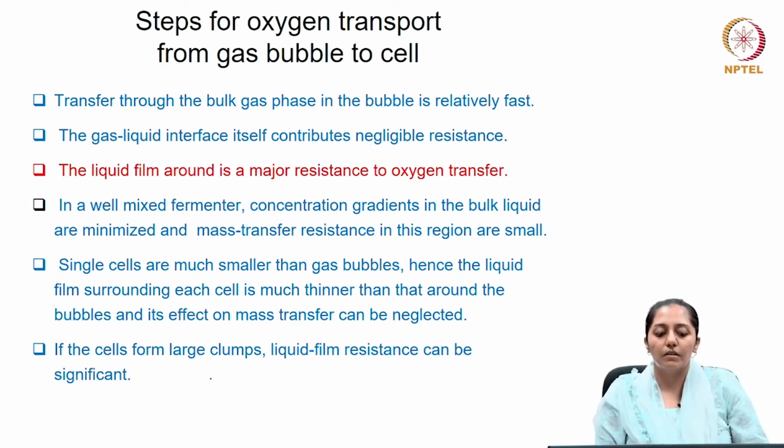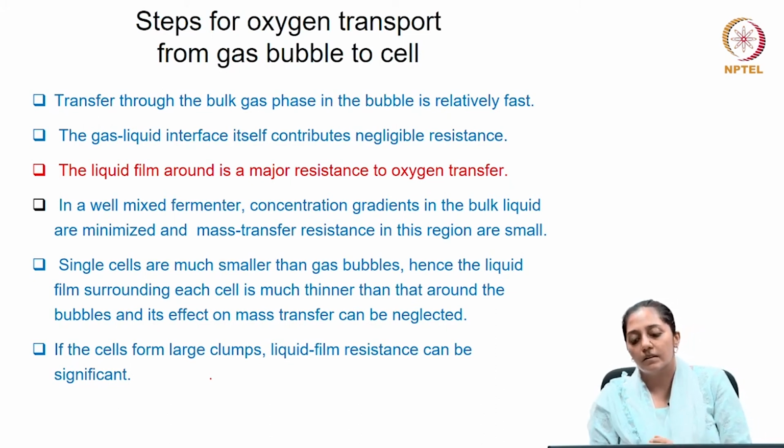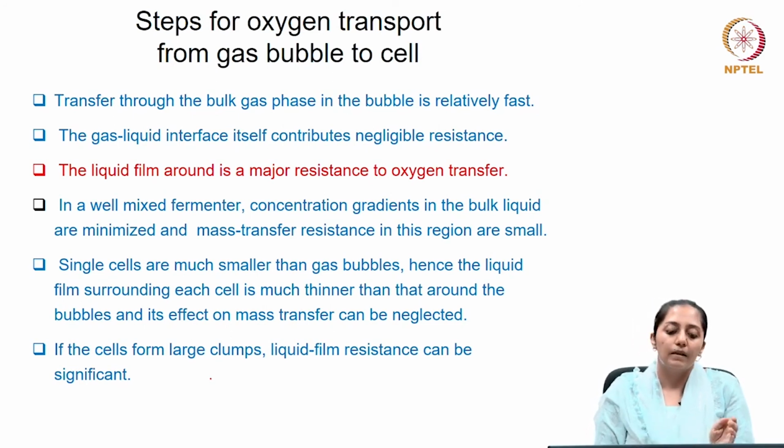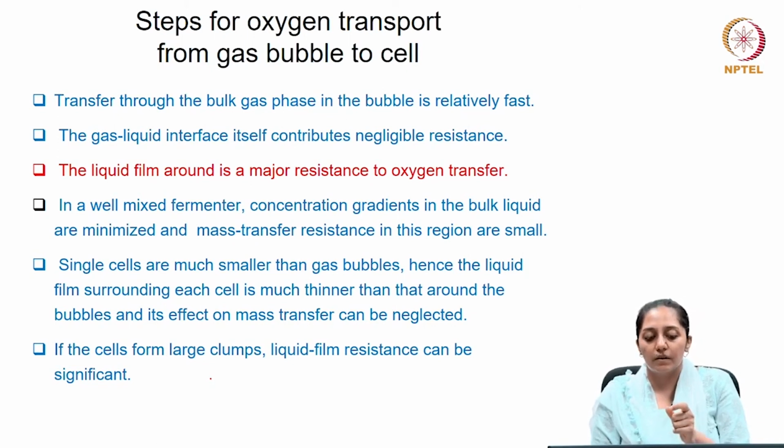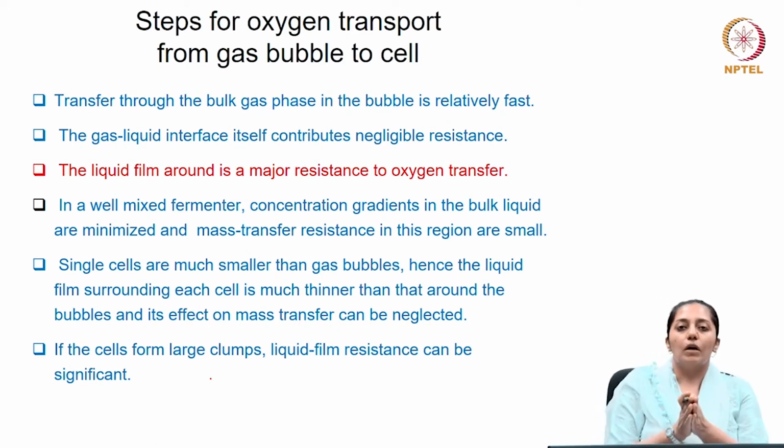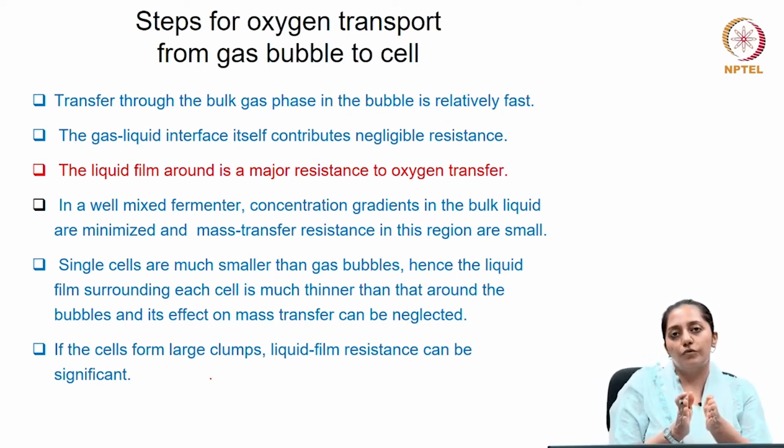Now, first the oxygen has to transfer through the bulk gas phase in the bubble to the interface. This transfer from the bulk gas to the interface is relatively fast. Then the gas liquid interface contributes negligible resistance. Across the gas liquid interface there are two films. One is the gas film towards the bubble side and the other is the liquid film towards the bulk liquid side.